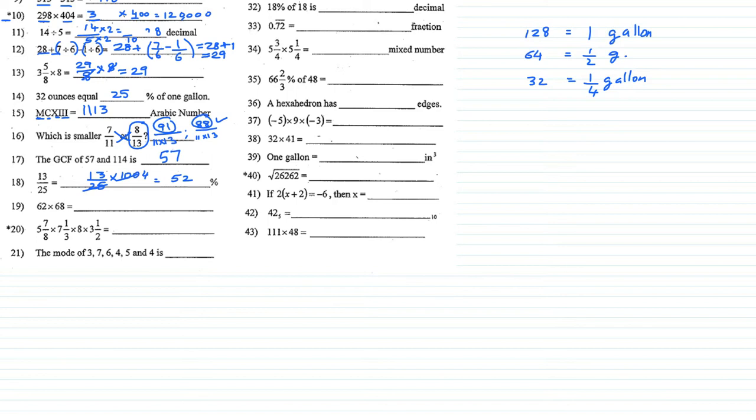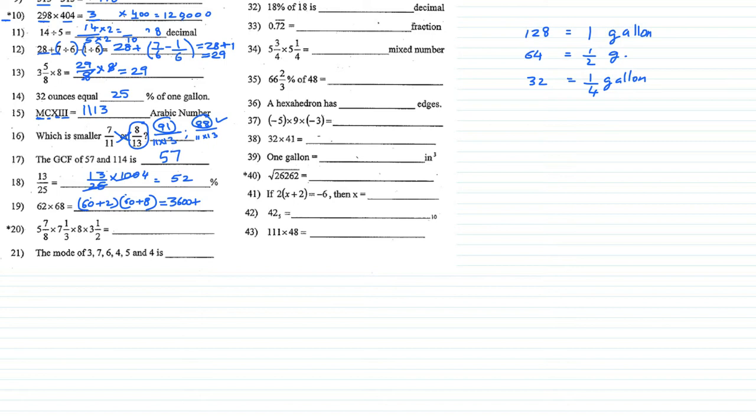Question 19. 62 times 68. One way to do this is to think of 62 as 60 plus 2, and then 68 as 60 plus 8. And thereafter we just multiply 60 with 60, so that's 3600, and then 60 with 8, that is 480, and then 60 with 2, that is 120.